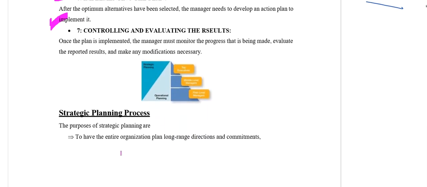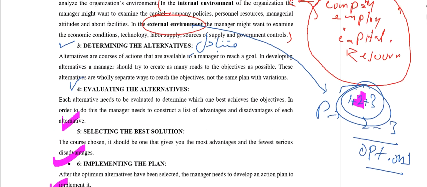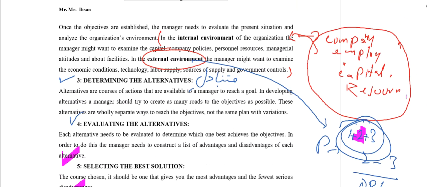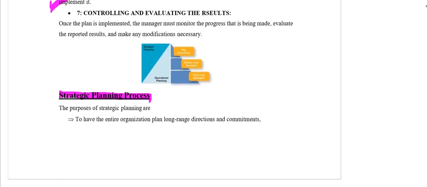Number 2, strategic planning process. So we have studied 7 steps of planning, and this was normal and general planning, but there is another topic which is called strategic planning.